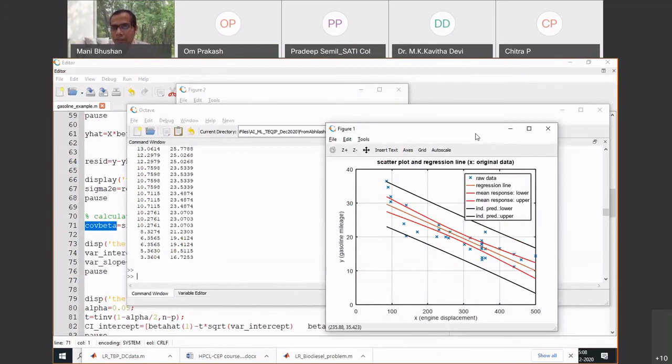If the model had been based on our first principle understanding, what we call physics-based understanding, say I knew that y has to be equal to x, for some other y, not gasoline mileage, say flow rates, flow in, flow out. I know that flow in has to be equal to flow out. If I fit a straight line, the slope has to be 1, intercept has to be 0, right? This is based on physics. I exactly know the true slope.